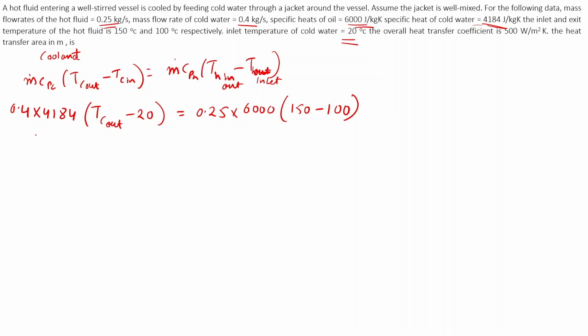We can solve this to find Tc out minus 20 is equal to, let's just calculate this, 0.25 into 6000 into 50, which will give us 75,000 upon 4 into 4184, 1673.